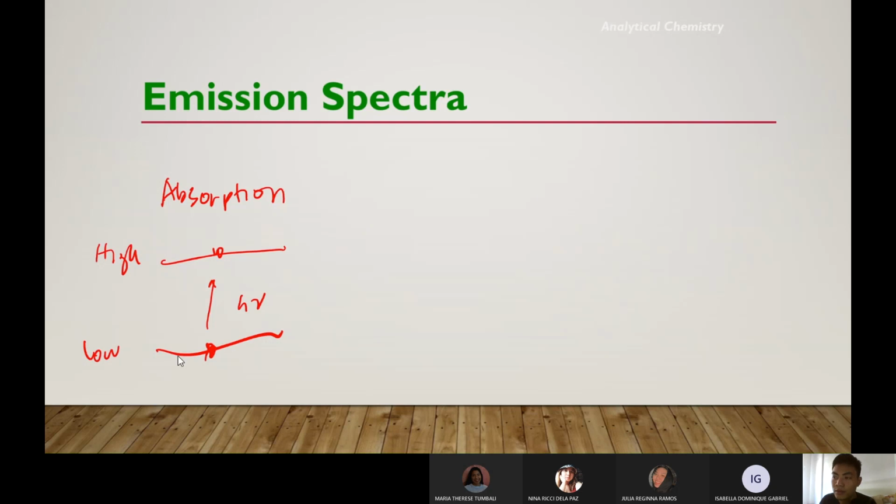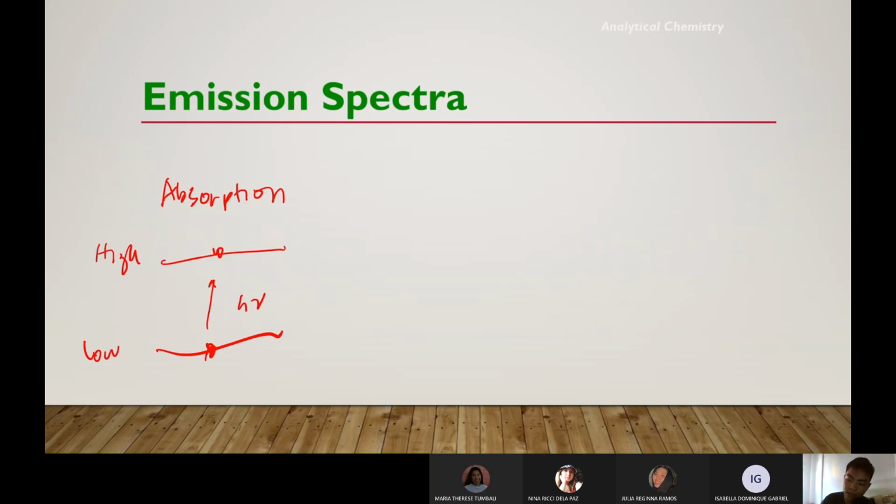Okay. So, when you apply energy to this in the form of electromagnetic radiation, you excite the electron. Okay. Absorption yun. And when you excite the electrons, maraming nangyayari. Mag-vibrate yung molecules o kaya tumalon siya to higher energy level.